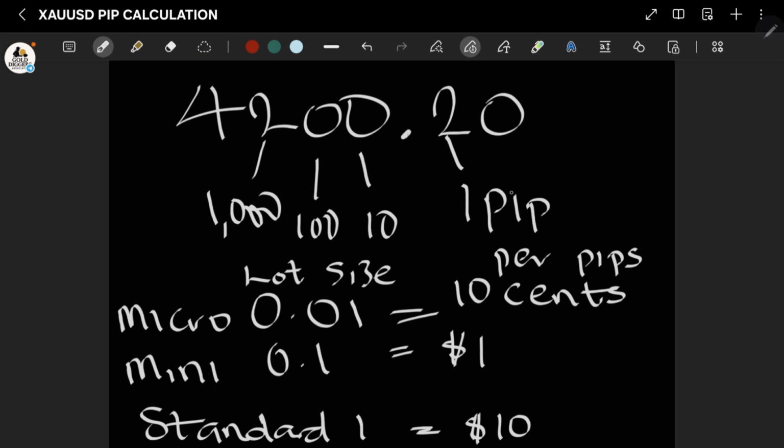Alright, so before we go over to calculating the lot size, you need to understand the pips movement on XAUUSD. For every movement here, after the first number after the decimal, it is 1 pip. Like, let's say here goes to 3 instead of 2, that's 1 pip movement on gold.